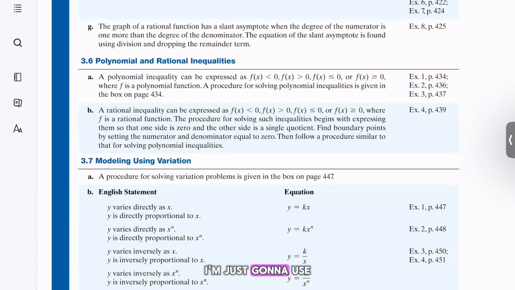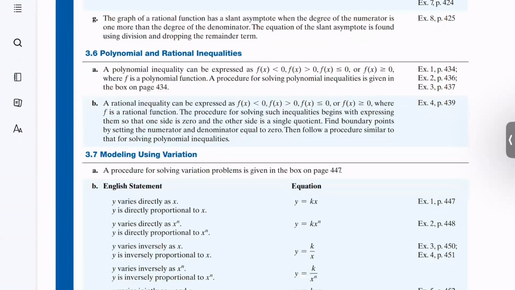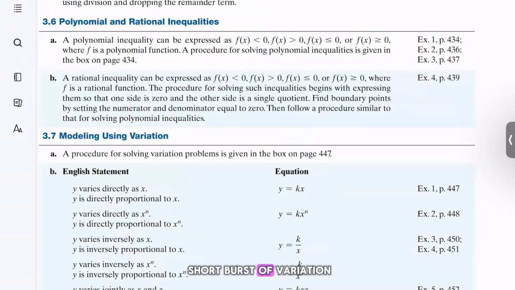Since we're here, I'm just going to use this as a short burst of variation. Variation pretty much creeps up in a subject called linear algebra. That's the only time I've ever seen it.